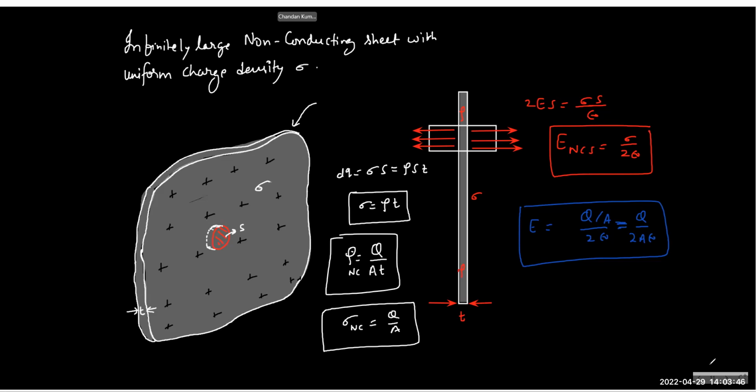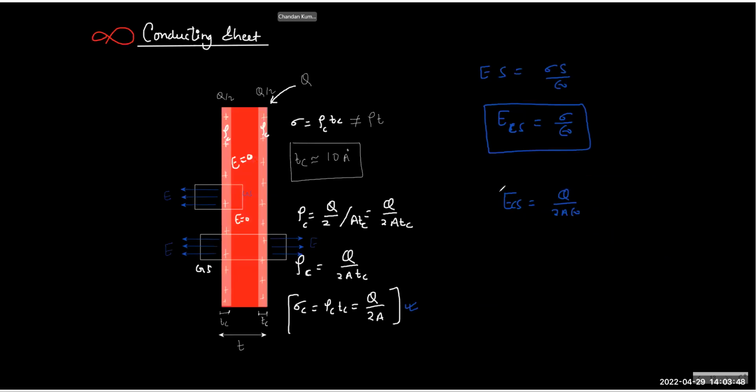So E for the connecting sheet is Q by 2A epsilon naught.